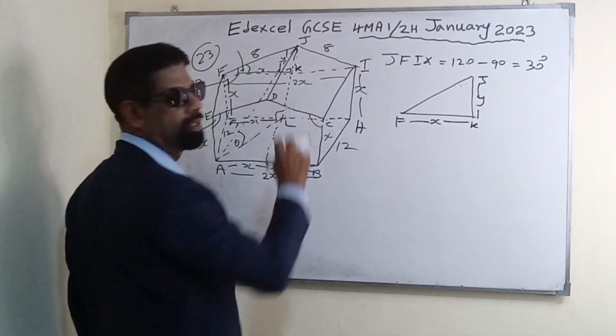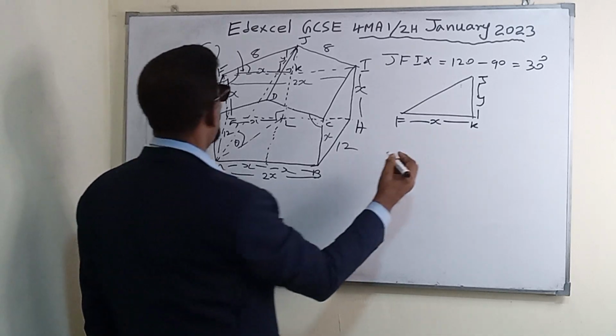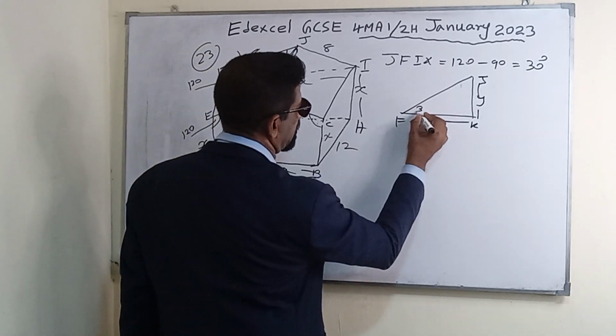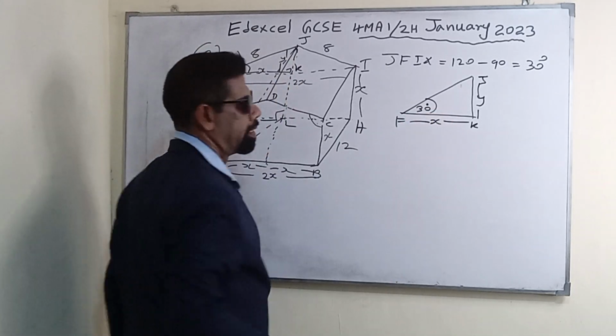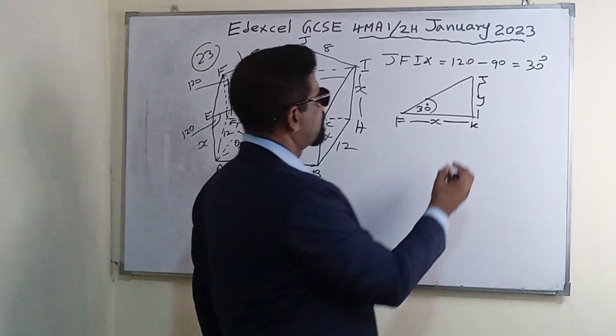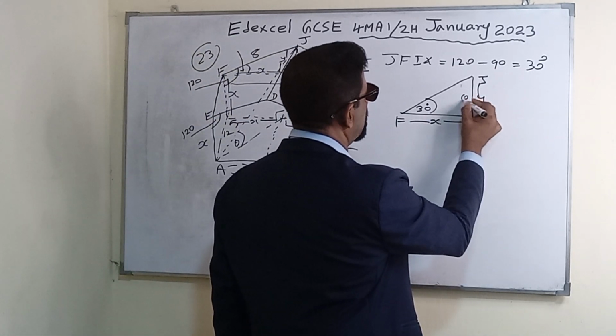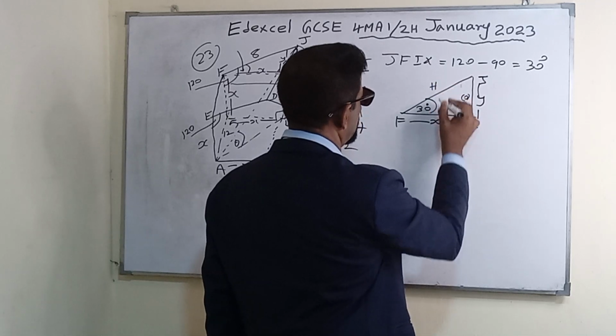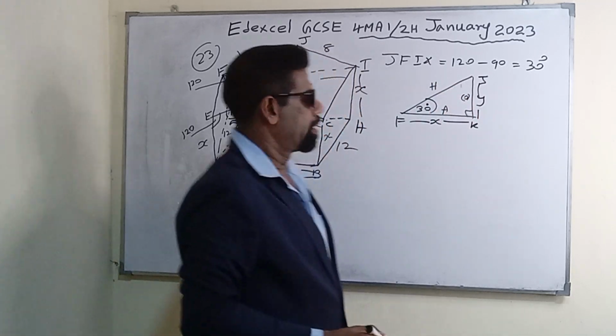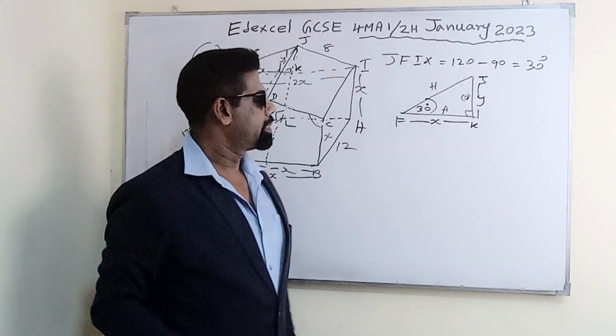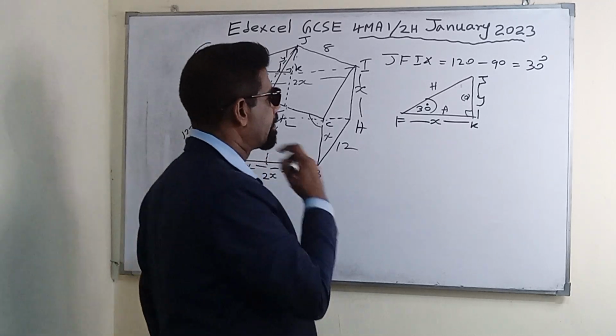We know this angle 30 degrees, this opposite, this hypotenuse, so that adjacent. Then we find y and x.